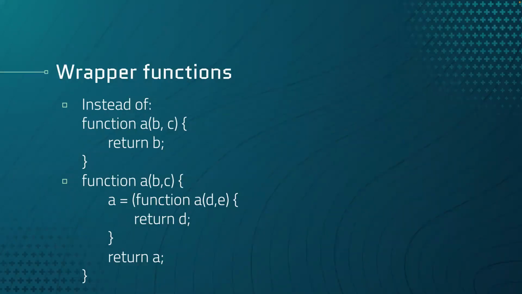Another thing you can do in JavaScript, and I find this is really common in a lot of malware, even though it's not that difficult to undo, is what I call wrapper functions. Instead of just having a function with parameters that returns something, you can make a variable equal to a function.